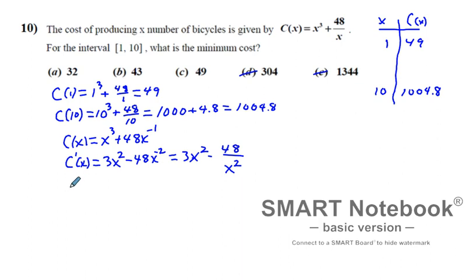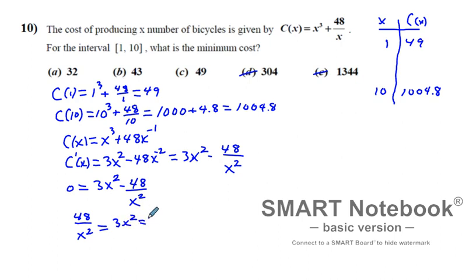And if we set this equal to 0, 0 equals 3x squared minus 48 over x squared. And we add 48 over x squared to both sides of this equation. We get 48 over x squared is equal to 3x squared.